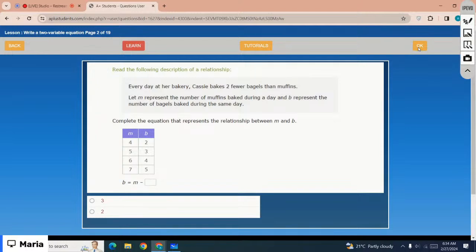B equals M minus 2, it is, right? The correct option is 2.